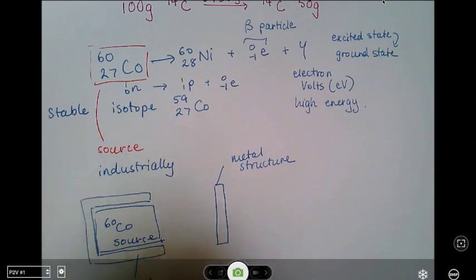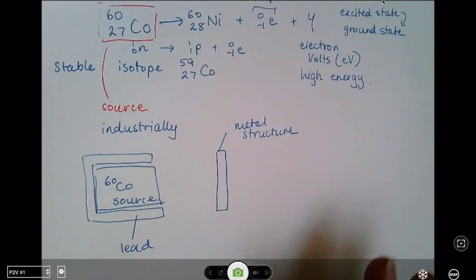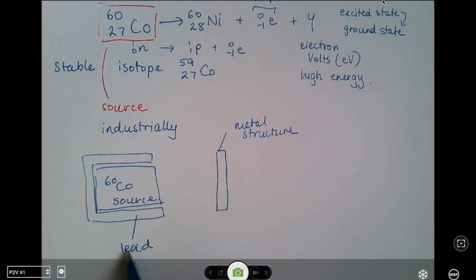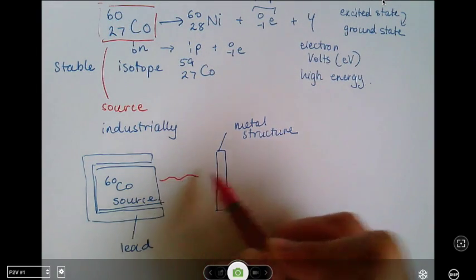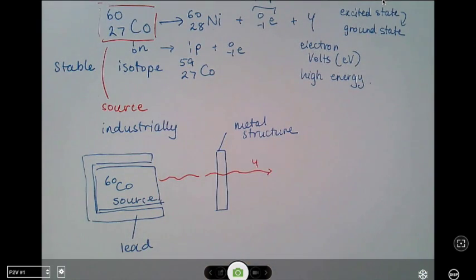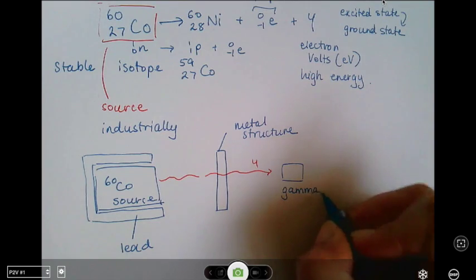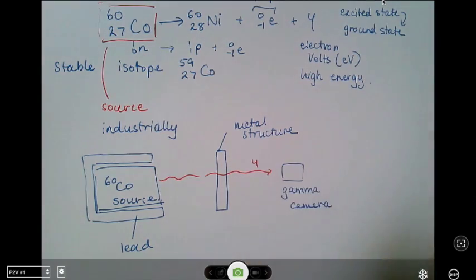So what we're going to do is avoid any radiation penetrating any other areas by insulating it, if you like, with a thick wall of lead. And so that's going to ensure that whatever radiation is emitted is going to go straight through the metal structure. And in this particular instance, the gamma will be able to penetrate through. And on the other side, we're going to have what we call a gamma camera, which is present.